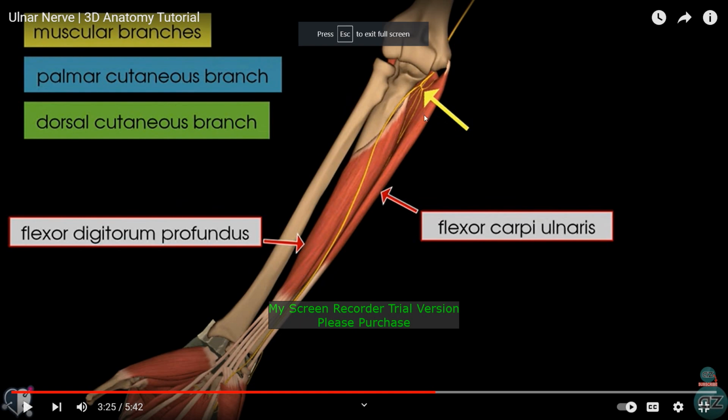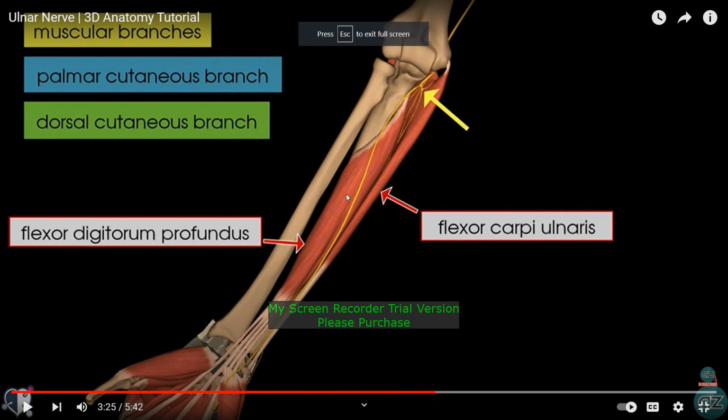You can see the muscular branch here with this yellow arrow. It innervates the flexor carpi ulnaris and flexor digitorum profundus. As it descends downward in the forearm, it lies on the medial part of the flexor digitorum profundus, and it descends downward on this muscle, lying on the medial side of the flexor retinaculum.